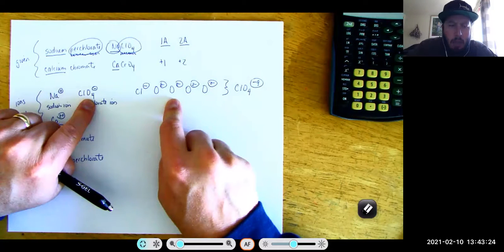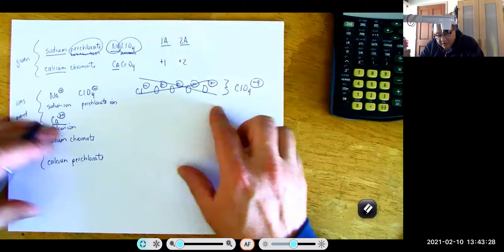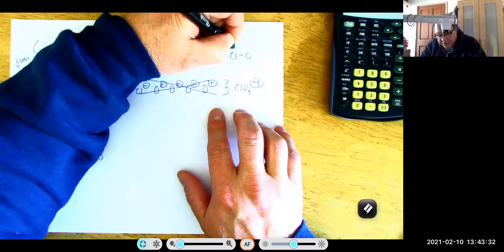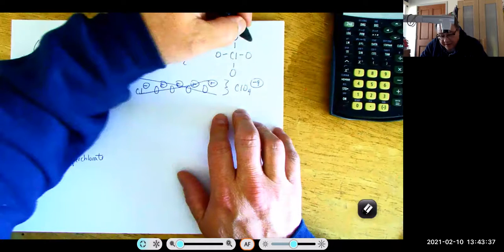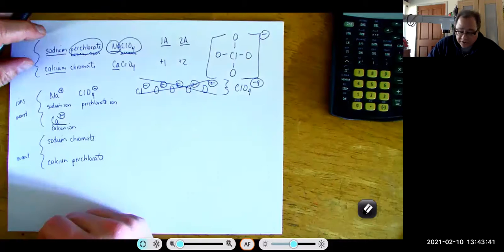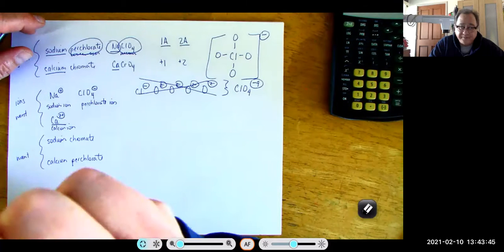That's inaccurate. Yeah. Really what's happening here is you have a chlorine and you have 4 oxygen atoms attached to it like this. And the whole thing is stuck together and it's got a -1 charge on it. And the reason it has a -1 charge on it is because it's got one more electron than it has protons.